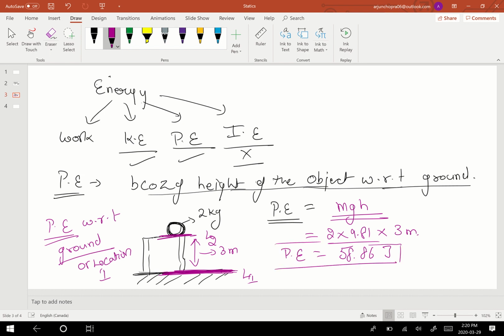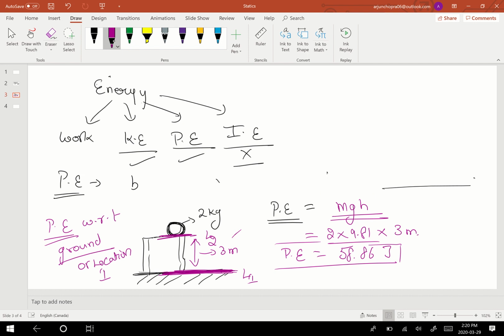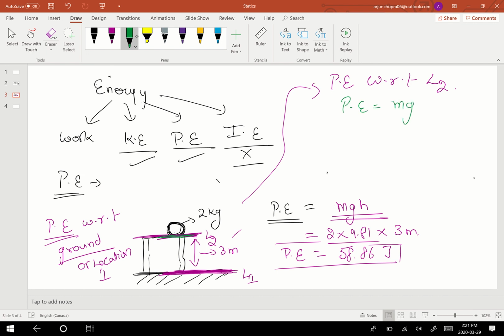Now if I ask you what is the potential energy with respect to location 2, what are you going to say? This is location 2, and with respect to location 2, the potential energy is again mgh.